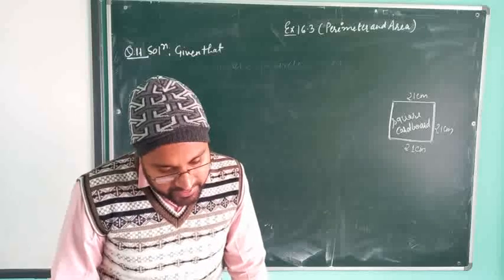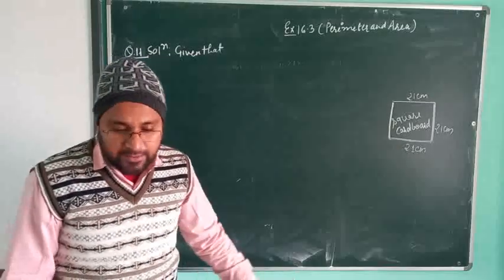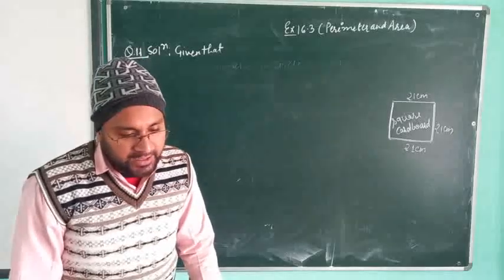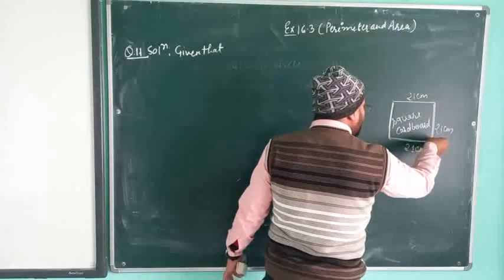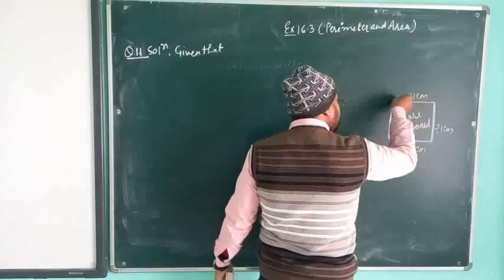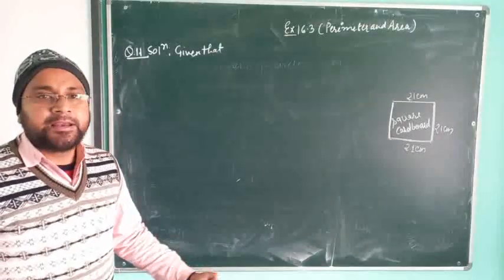So question number 11 is: from a square cardboard of size 21 centimeter, a circle of maximum area is cut out. Find the area of the cardboard left. So whatever circle is cut out is according to the side. So the side is going to be included in this one.